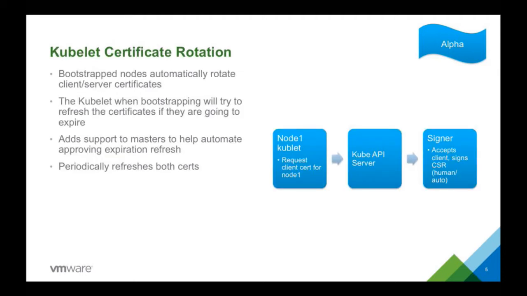Certificate rotation is another thing they added, but this is also an alpha feature, and they wanted to provide this to be able to use TLS bootstrapping with the nodes. The node is going to talk to the API server, and it could talk to an external CA.